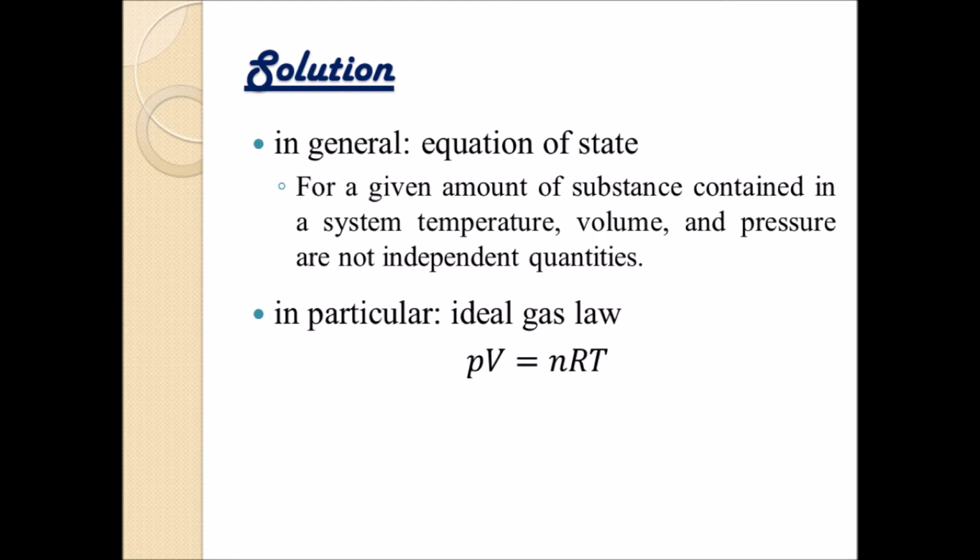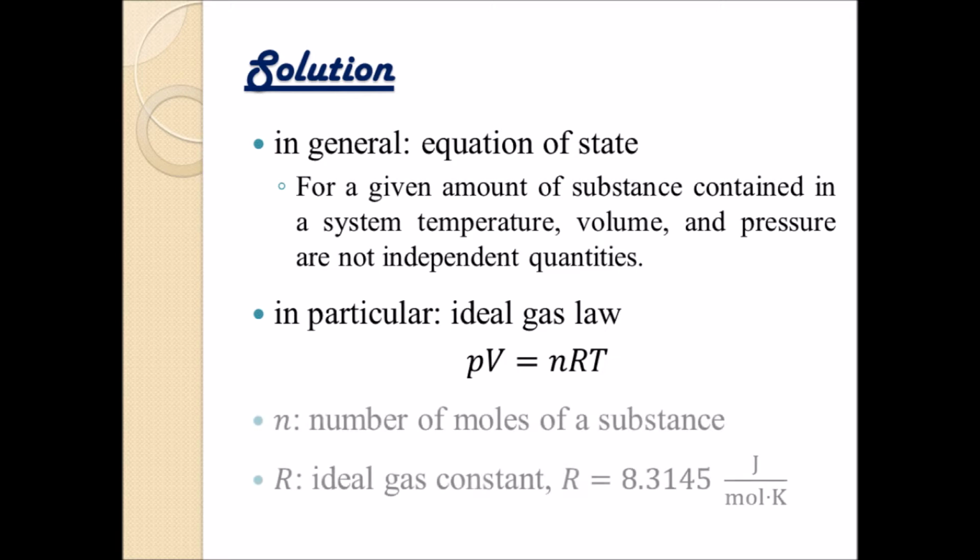And this gas law states that the product of pressure P and volume V equals N times R times temperature T. But what are N and R? Well, N is the number of moles of a substance, and R is the ideal gas constant. And as the name suggests, it's a constant.